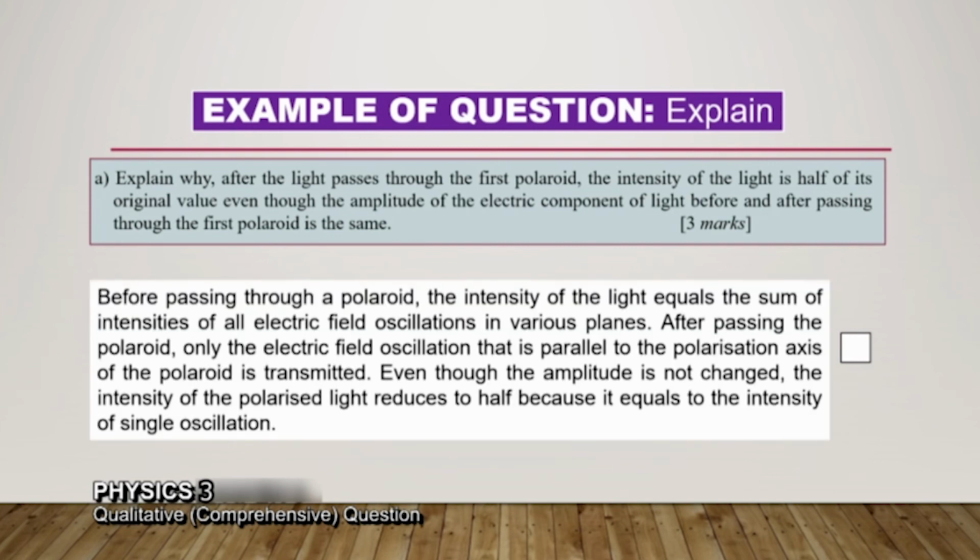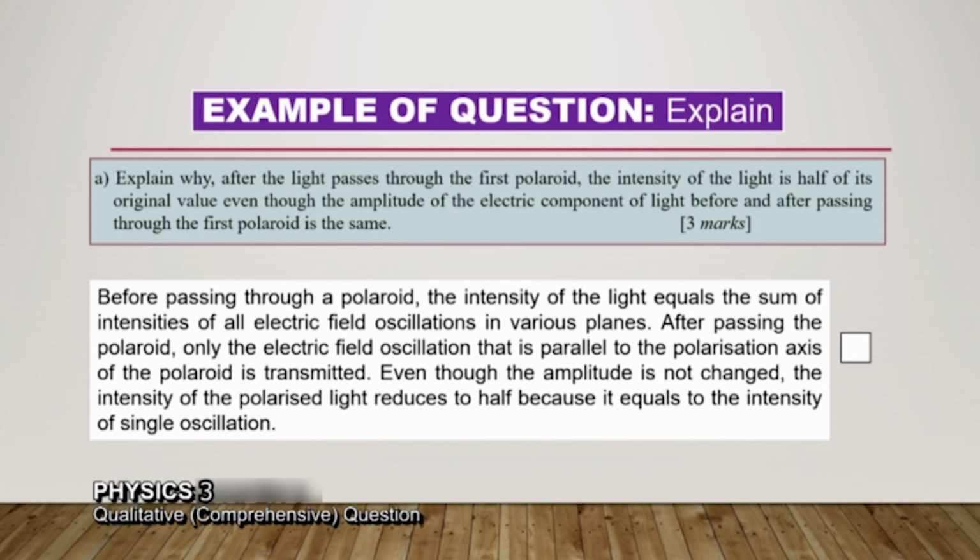Now look at how we justify why the intensity is half even though the amplitude is unchanged. Before passing through a Polaroid, the intensity of light equals the sum of intensity of all electric field oscillations in various planes. But after passing the Polaroid, only the electric field oscillations that are parallel to the polarization axis of the Polaroid are transmitted.